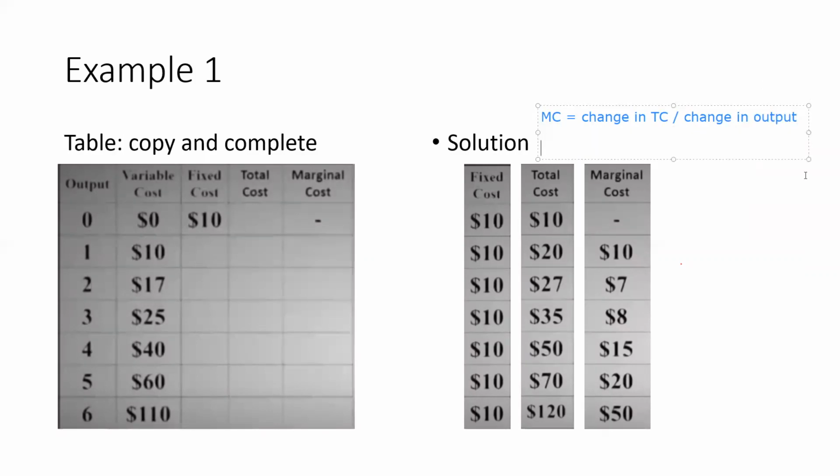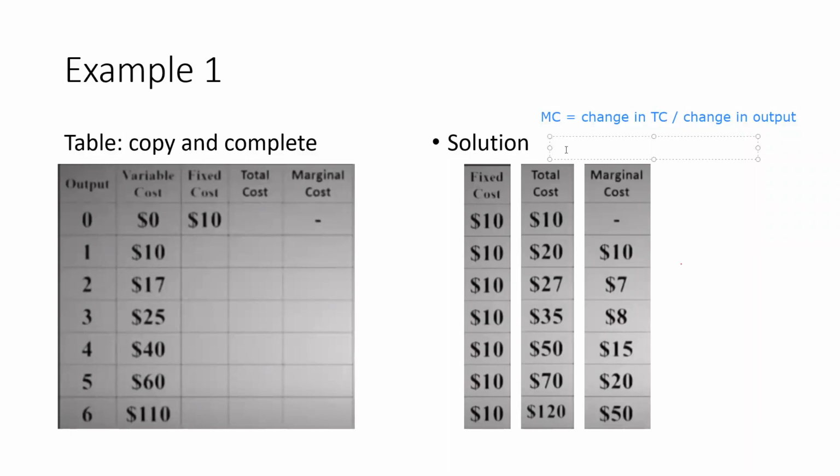So let's look at how we get 10 here. The total cost for the first stage is 10, and the one for the second stage is 20. So that will be 20 minus 10, the change in total cost.